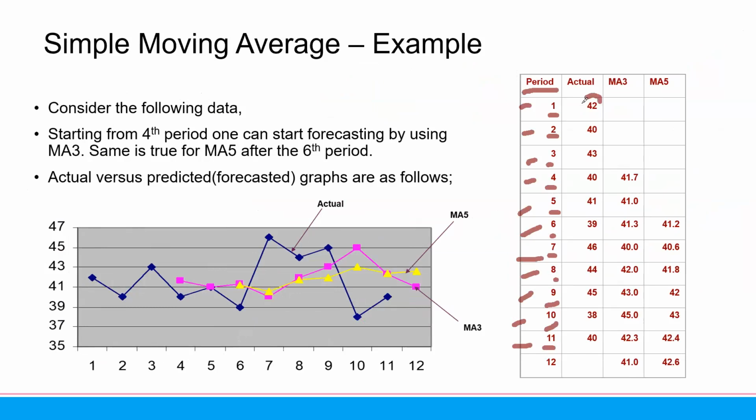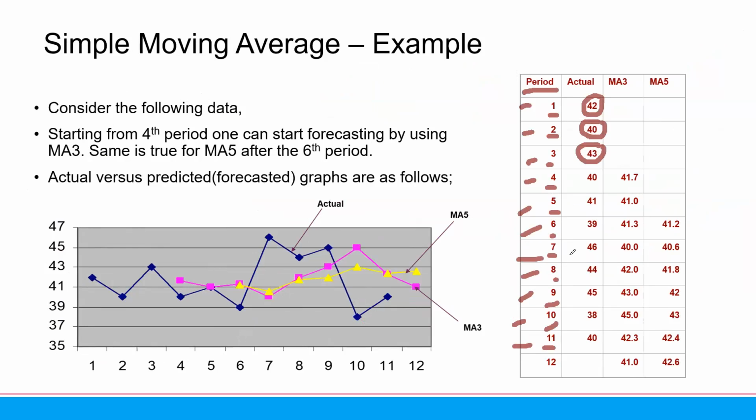So this is the actual data. Maybe this is, let's say, the number of items that have been sold by the store. So in January, the store sold 42 items. In February, the store sold 40 items. In March, the store sold 43 items, and so on.